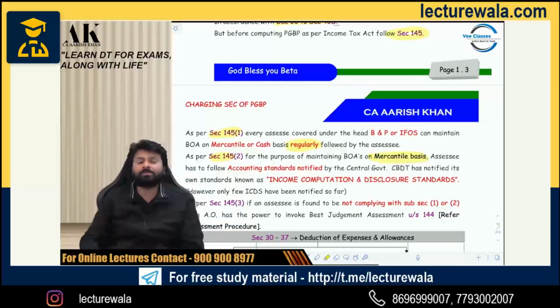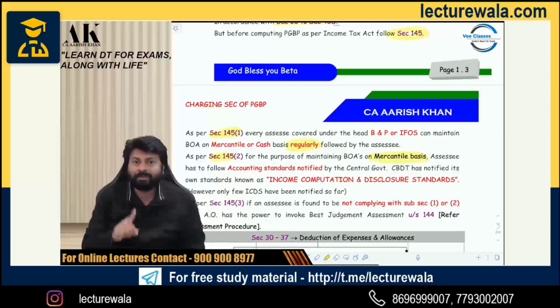That's a very harsh assessment. Don't get into the trap of best judgment assessment. Don't violate subsection 1 or 2 here. Don't do such things in life where you have to bear the consequences of subsection 3. Follow regularly, whichever method you want to follow. Follow ICDS properly, nothing will happen. If you violate any of the conditions, subsection 3 is waiting for you. Check.